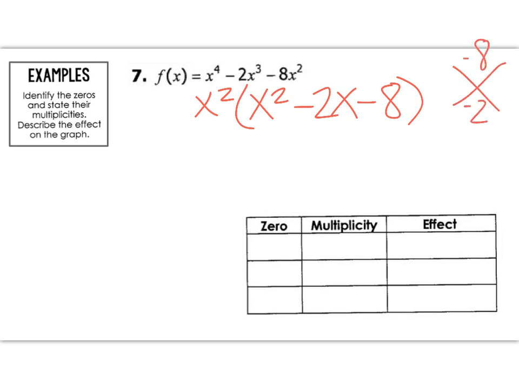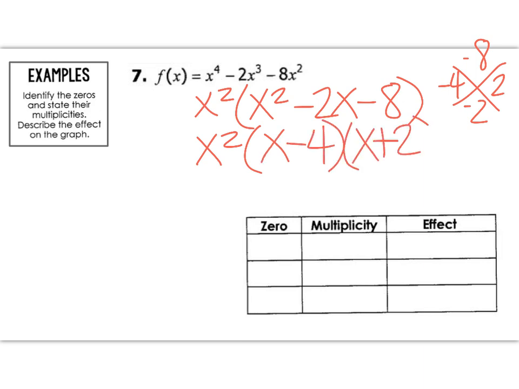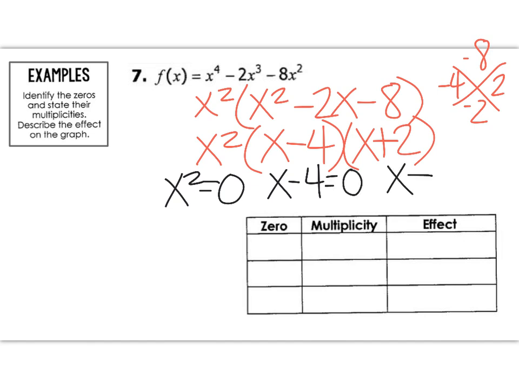Two numbers that multiply to negative 8 and add up to negative 2 would be negative 4 and positive 2. We're left with x squared times x minus 4 times x plus 2. Set each of these equal to 0. So x squared equals 0, x minus 4 equals 0, x plus 2 equals 0.